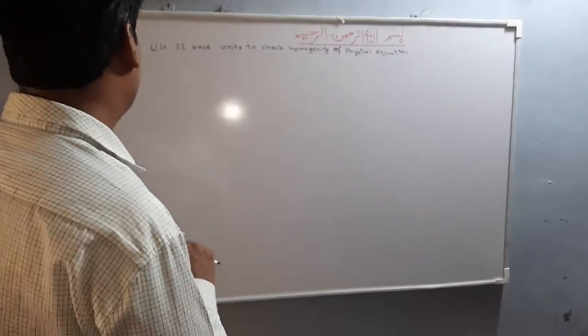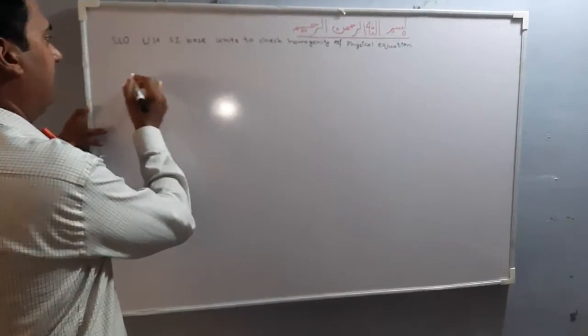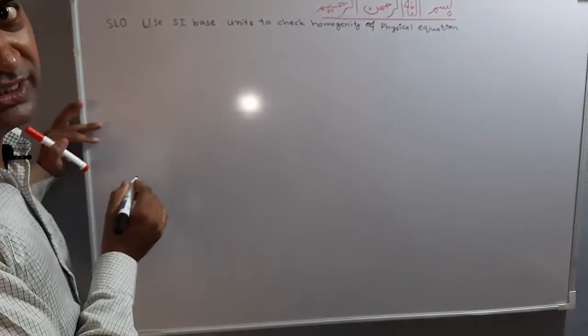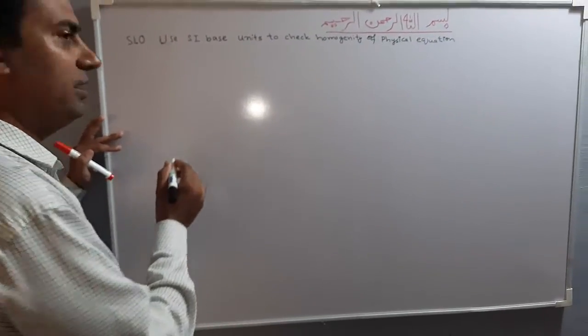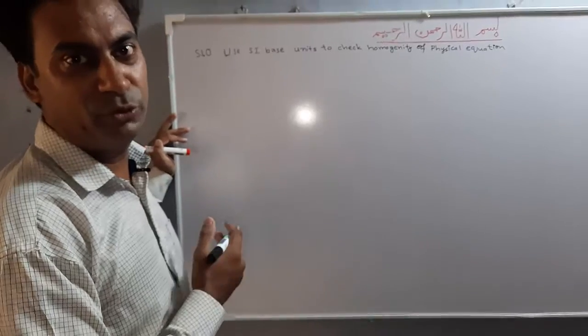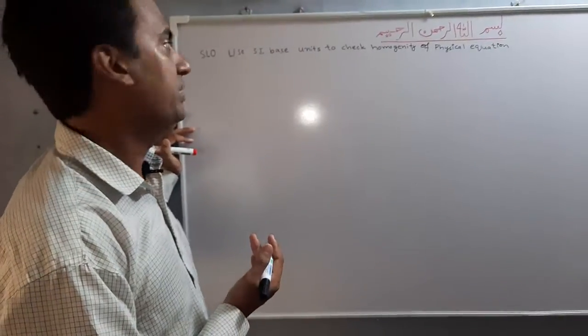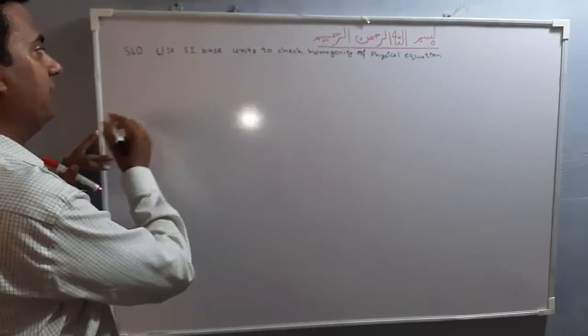Okay, so we have 7 base quantities in the SI system. Most of you have viewed my previous video, so we will recall it.